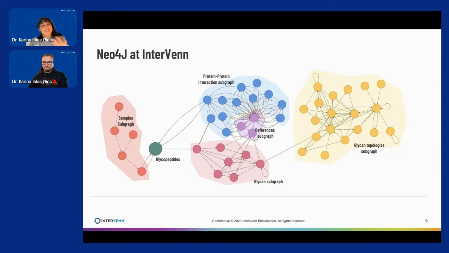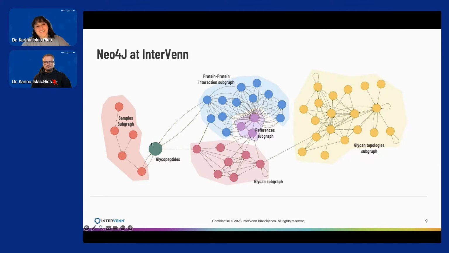So at the beginning, our idea for working with Neo4j was only focusing on the structures of the glycans because they are naturally a graph. But actually, we have expanded to all the data that we have. Instead of looking into a normal database, we are already implementing all this data as a graph database. This is the overall general schema.